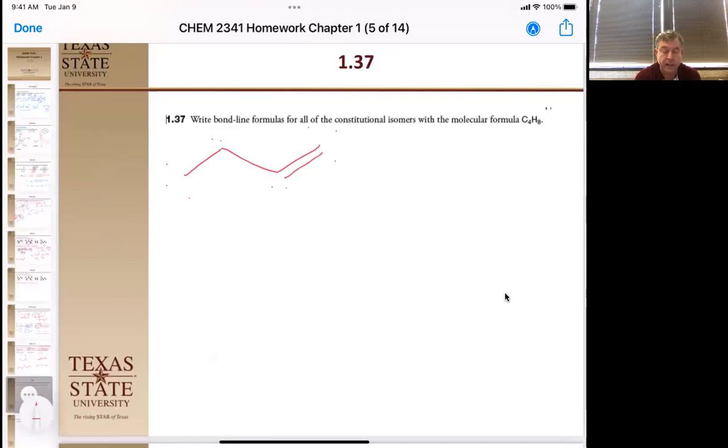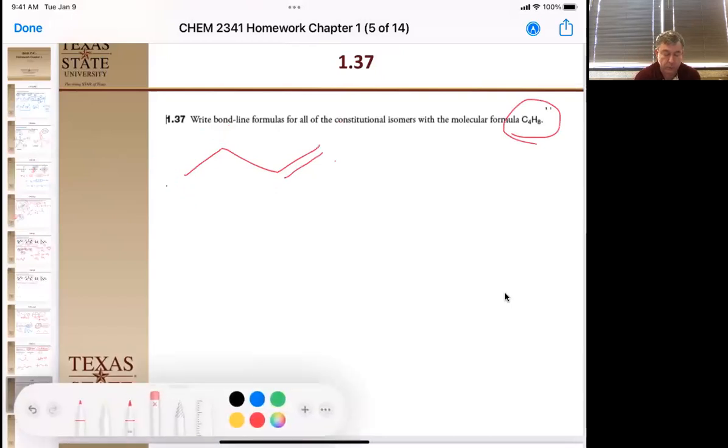Okay, so now let's count our hydrogens again. 1, 2, 3, 4, 5, 6, 7, 8. So now we have 4 carbons and 8 hydrogens. Okay, I'm going to take away those lines because we know that the hydrogens are there now. Actually, let me go ahead and put that first structure up there with all the hydrogens on it.